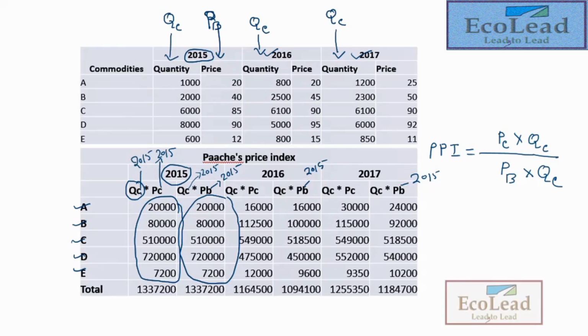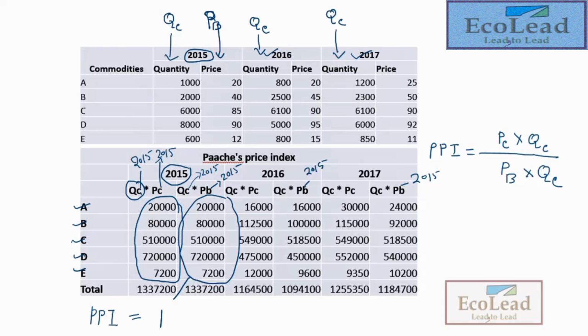If we take the sum of all these values, then we will get the total values of the commodities. Now the purchase price index for the year 2015 is just these values divided, and for 2015 the value will be again 1, because although we have considered the current year price, 2015's price is the same as the base year price, since we have also considered 2015 as the base year.